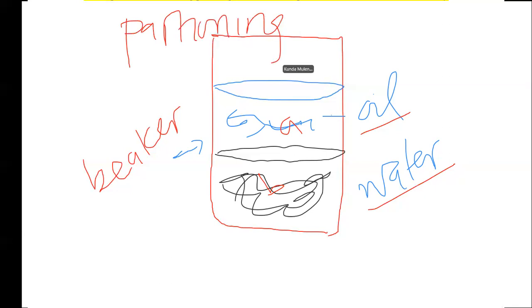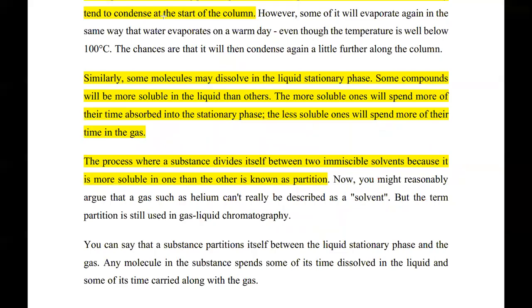So this is the part which is here, the partitioning, saying that the process where a substance divides itself between two immiscible solvents because it is more soluble in one and less in the other, like the way I said, water and oil. That is what we are calling the partitioning coefficient.